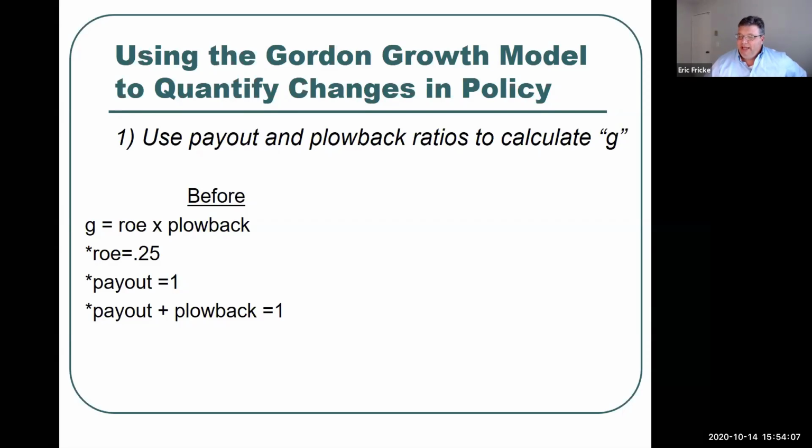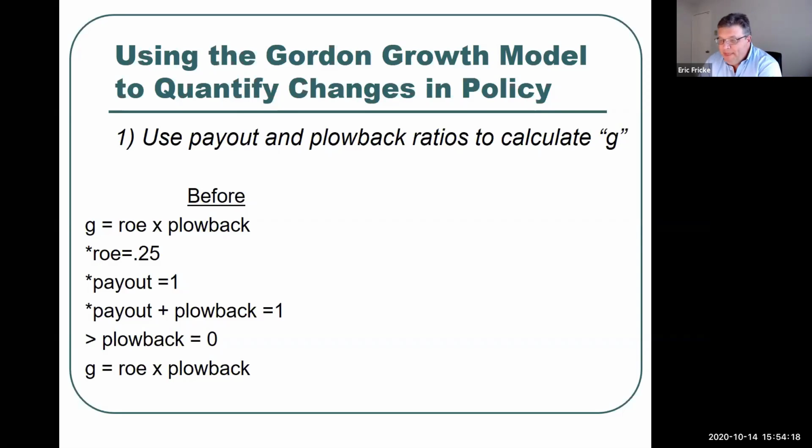Right, because we know the payout ratio is 1. And that must mean the plowback is equal to 0, right? Yeah, 0 plowback. So now when we calculate G, the growth rate, we're going to be multiplying by a plowback of 0. So that's going to give us a growth rate of 0.